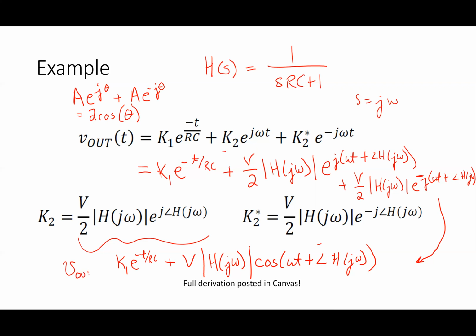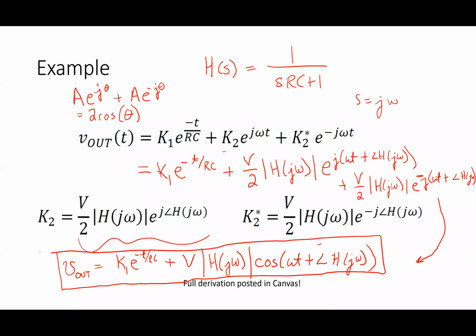So what I have is V out is this thing right there. Where's the steady state and where's the transient part? Steady state is the second part.